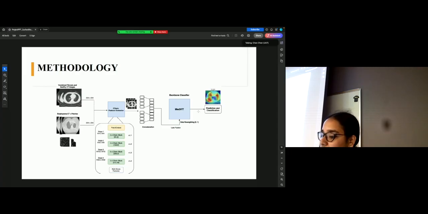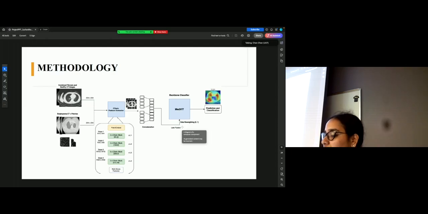My backbone classifier is MedViT, which is again a vision transformer. The concatenated features are added to the model using a late fusion strategy, where MedViT is initially trained with the total amount of data, and before moving into the classifier it will have these features and the MedViT features.